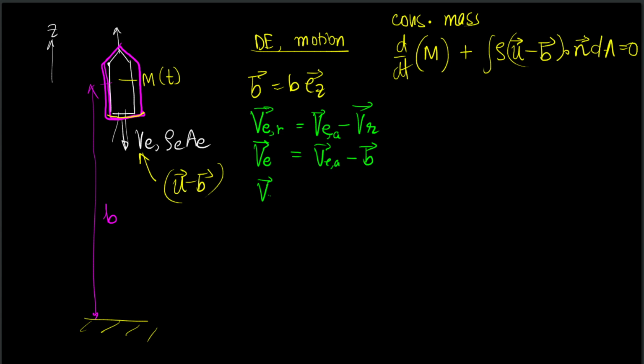So VE absolute is going to be the velocity of exhaust with respect to the rocket plus the velocity of the control volume. So VE is going to be minus VE in the z direction, and B is going to be B in the ez direction. So this is the absolute velocity of the jet which is coming out. Okay.